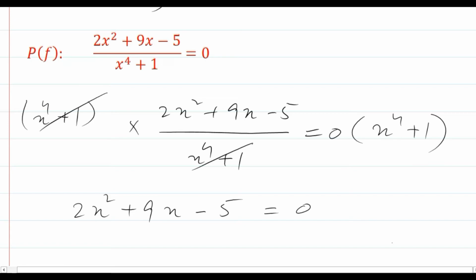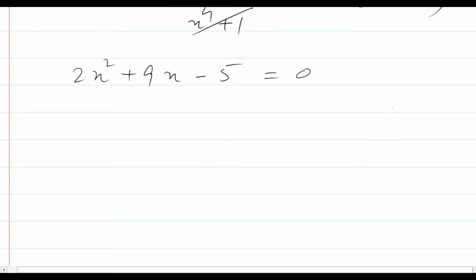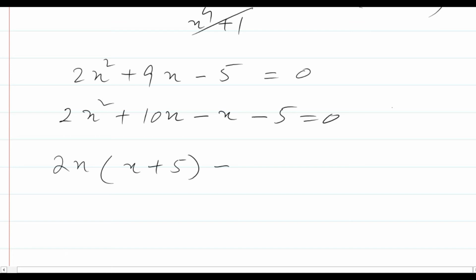Now you can factorize it by midterm breaking. 2x square plus 10x minus x minus 5 equal to 0. 2x will be common and you are left with x plus 5, and you will take minus 1 as common and x plus 5 is the remainder.